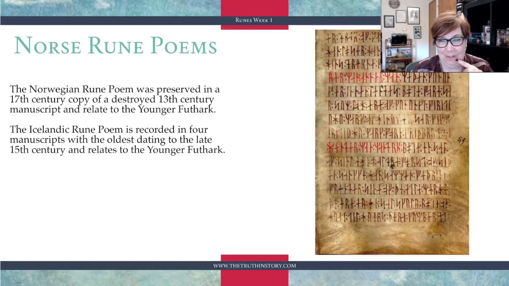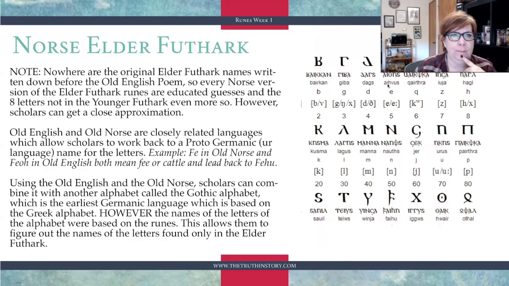It's really cool to see it written. And for people today who use runes to write with, depending on which one you're using, it's easiest to use the Old English because you have more sounds, more letters to use. So you often see that being done in the Old English version.